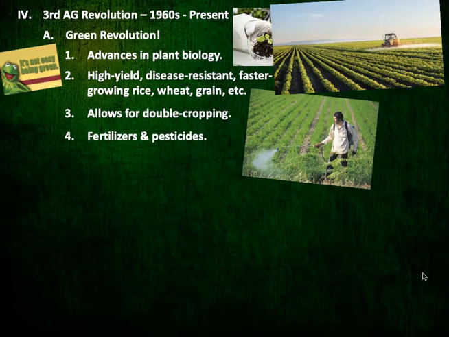A lot of times they just used smoke to try to kill those kind of pests, those kind of insects, and try to smoke them out to a point where it didn't kill the plants but killed the pests. With the Green Revolution, we're going to see the development of a lot of chemical pesticides, including some that, very controversially, end up not only killing the pests, but having a lot of really ill effects on humans as well.